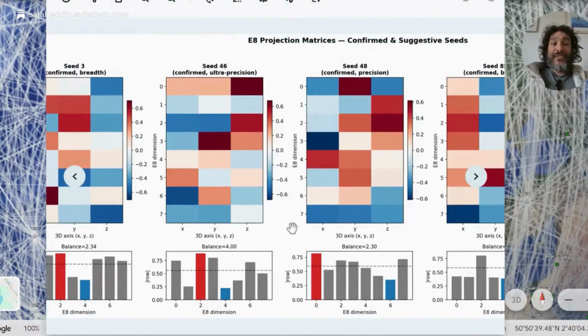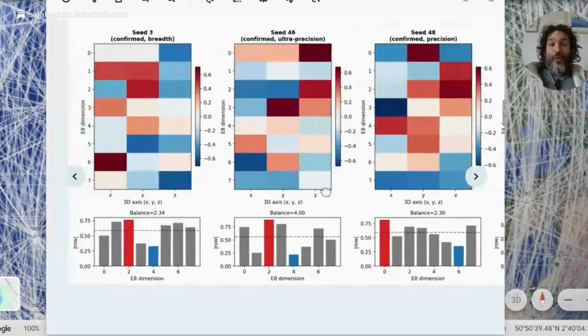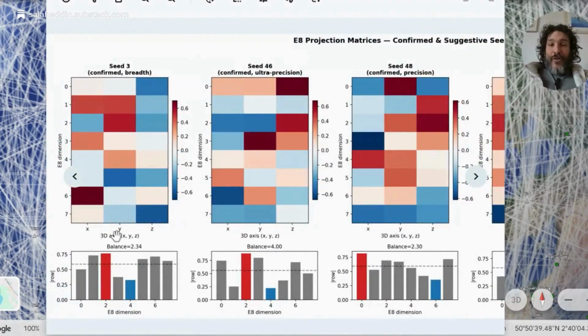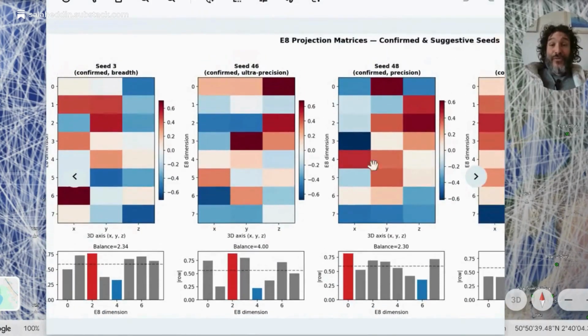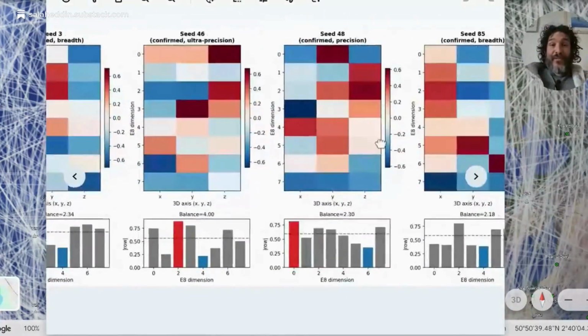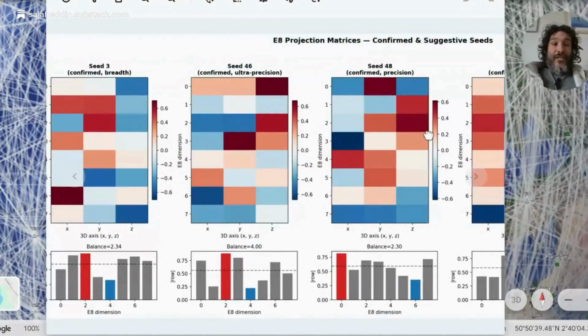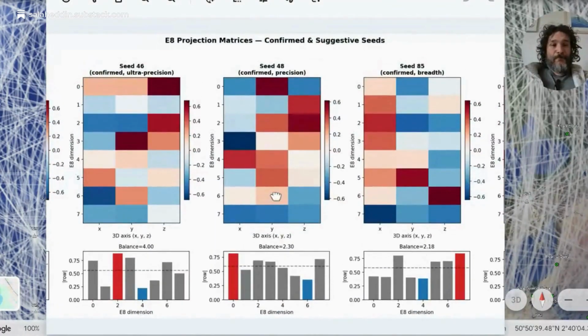So every projection that successfully aligns with sacred sites boosts channel 2 and suppresses channel 4. There's a strong common dimension, dimension 2, across the confirmed seeds, and channel 4, dimension 4, is the weakest.